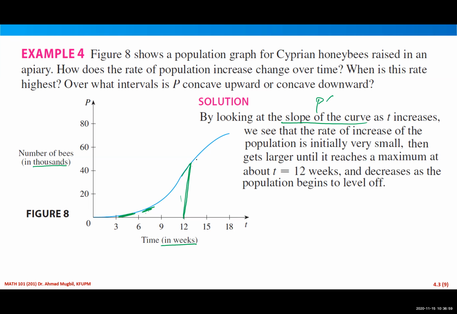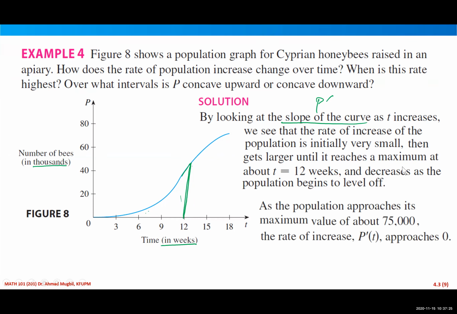Here the slope is the largest. After that, the slope starts slowing down. It becomes smaller and smaller until it becomes zero. Like here we have a horizontal tangent, so the derivative is almost zero. The rate of change stops, no more increasing in the number of bees, and it decreases as the population begins to level off.